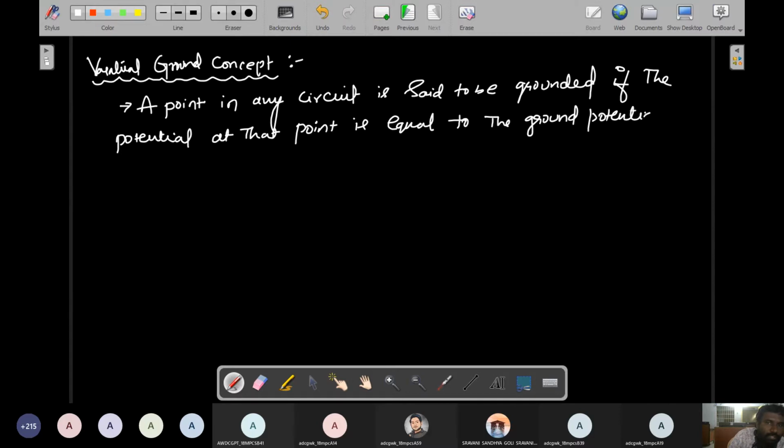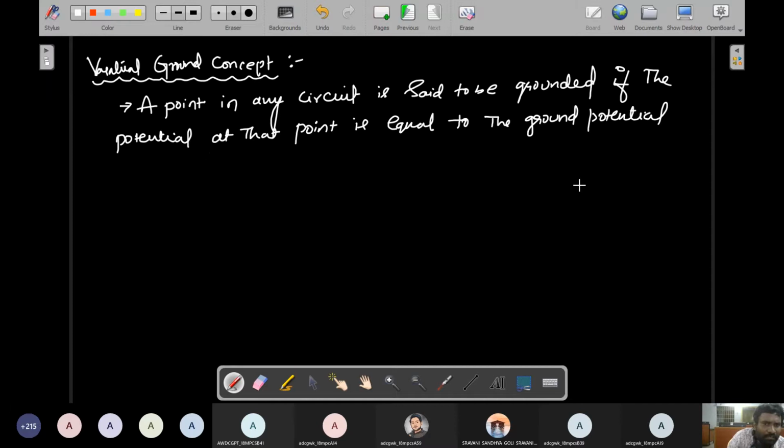So this is the actual definition of the virtual ground concept. A point in any circuit is said to be grounded if the potential at that point is equal to ground potential. It is not only valid for operational amplifiers, it is valid for other circuits also.